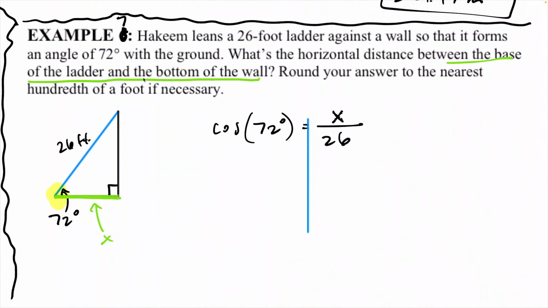How do I get x by itself? Add, subtract, multiply, or divide. Multiply. Multiply both sides by 26. So we multiply, so 26 times cosine of 72.